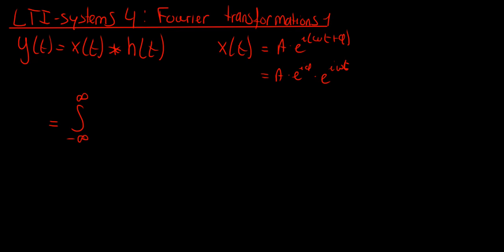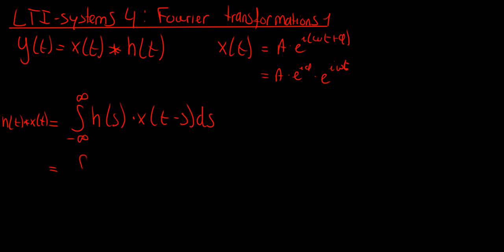Let's write down h convolved with x. It does not matter, but for writing it down right now, it circumvents some of the hassle that we might have. So this is the impulse response h of s multiplied with the input function x of t minus s, ds.